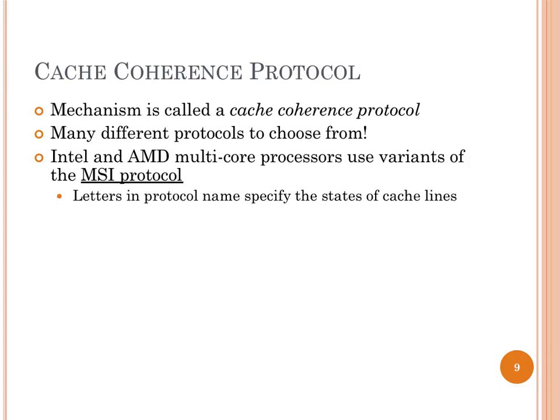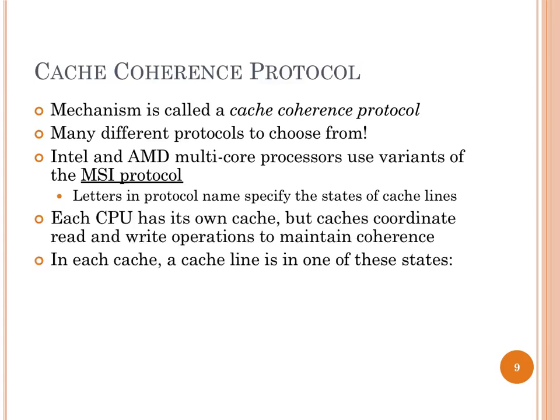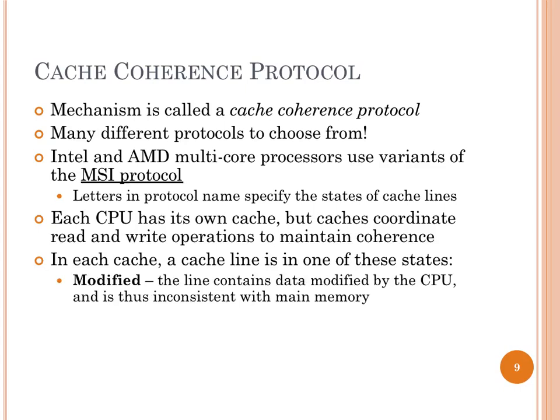Okay? MSI is an acronym that just represents the states that can be used in this protocol. So we have M for modified, S for shared, and I for invalid. And these are basically the states that a cache line can be in. Okay? So CPUs have caches. Each cache line has some state, either modified, shared, or invalid. And there's some set of rules that everybody follows to manage what state a line should be in. Okay? So, like I said, you have modified. Modified means that the line has data that's been modified by the corresponding CPU.